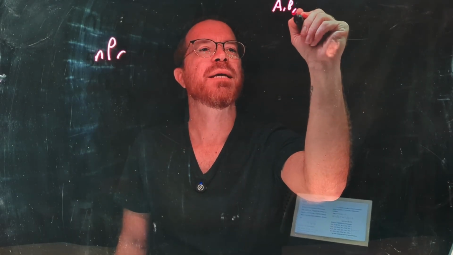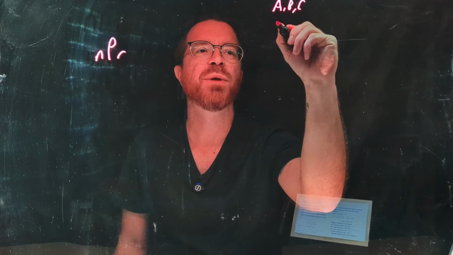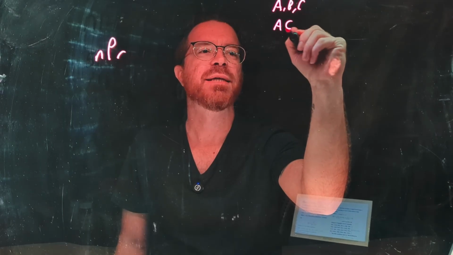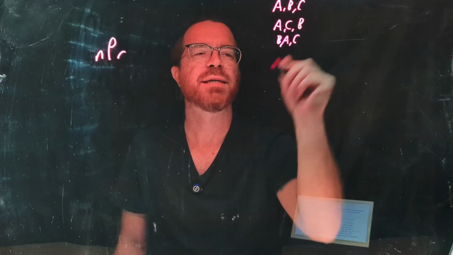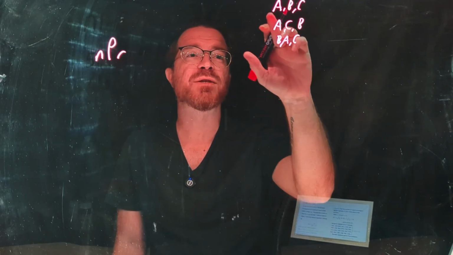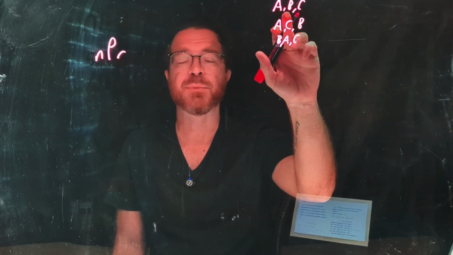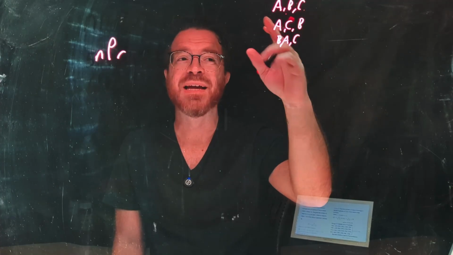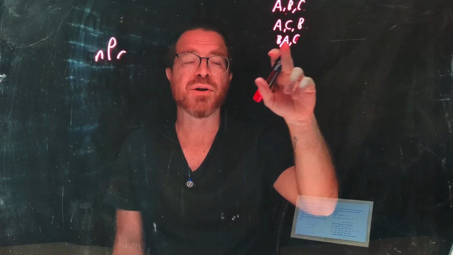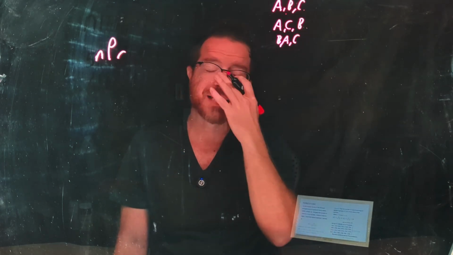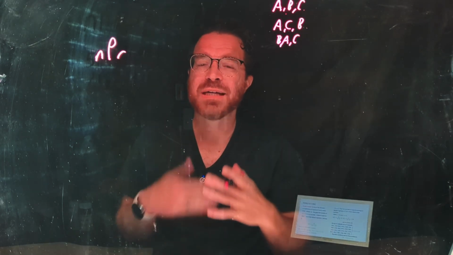A, B, C would be a different group than A, C, B, or B, A, C. These would all be different groups because in this first one, A would be the president, B would be the vice president, C would be the treasurer. In the second group, A would be the president, C would be the vice president, B would be the treasurer. So even though these are made up of the same people, they are considered different.